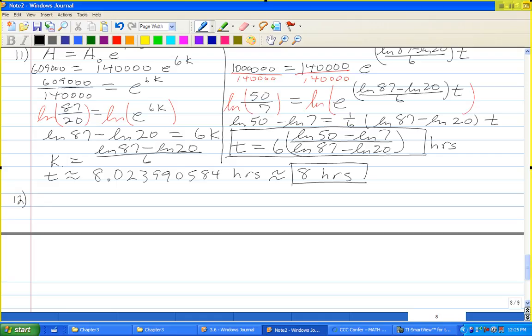Oh, wait. So assume cooling follows Newton's law of cooling: u equals T plus (u0 minus T) e to the kt.